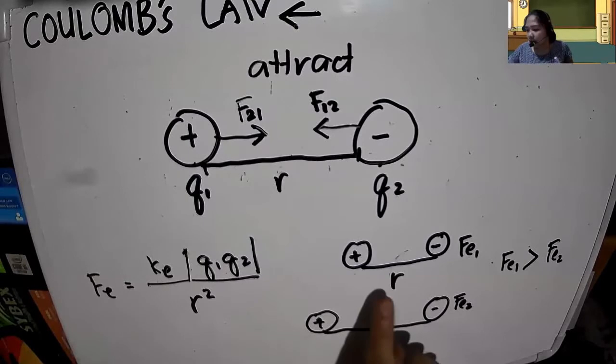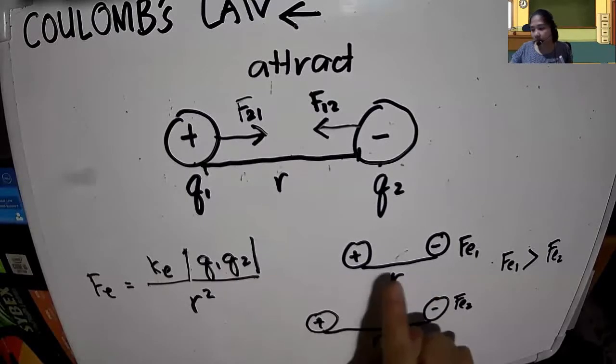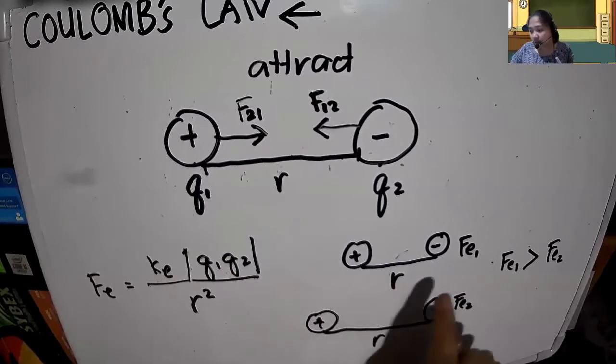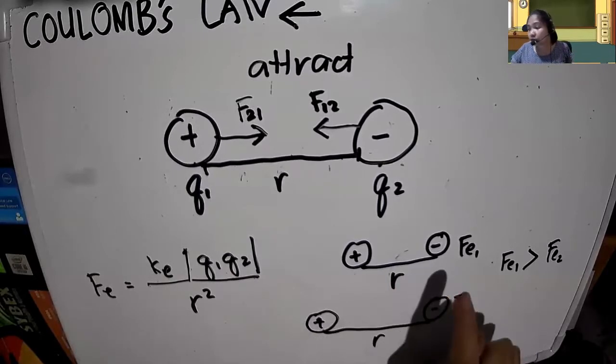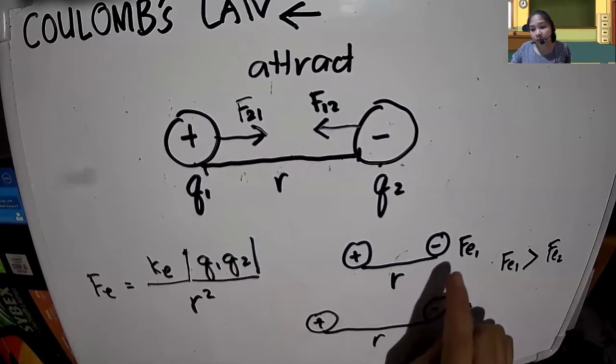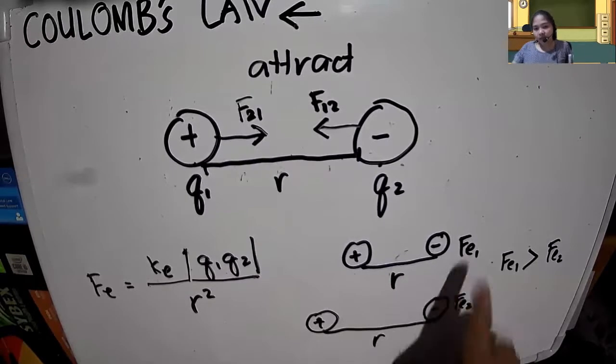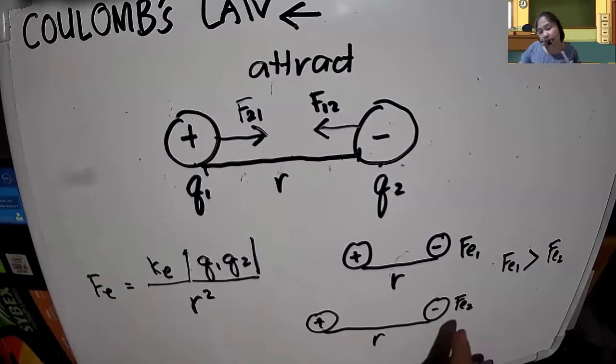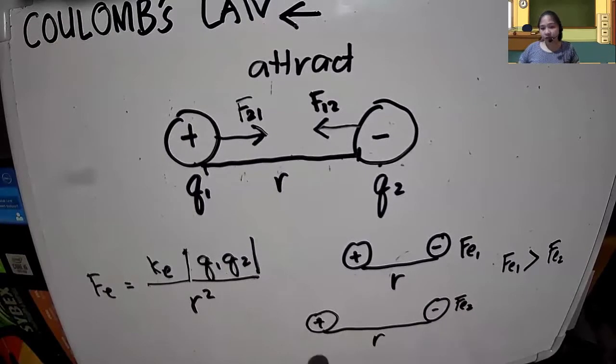The closer the particles are to each other, the greater the force of attraction or repulsion. The farther they are from each other, the smaller the force they will feel. Here we have a force of attraction because they are of different charge.